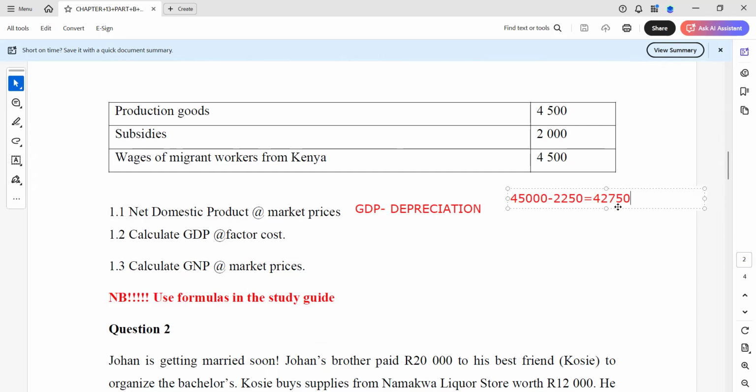And then number two, they're saying calculate GDP at factor cost, right? So let me just rub this off. GDP at factor cost.